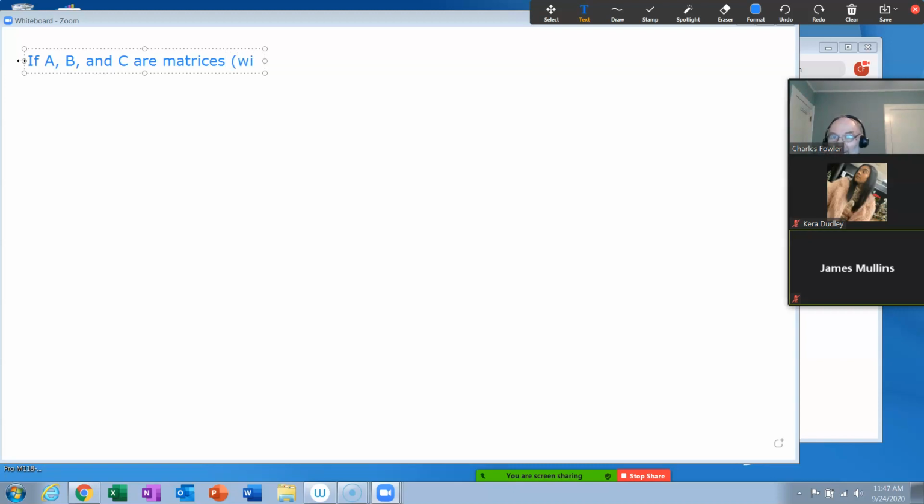With sizes such that the matrix products are defined. We'll go back over what that means in a bit. Okay. And C is that good old scalar.